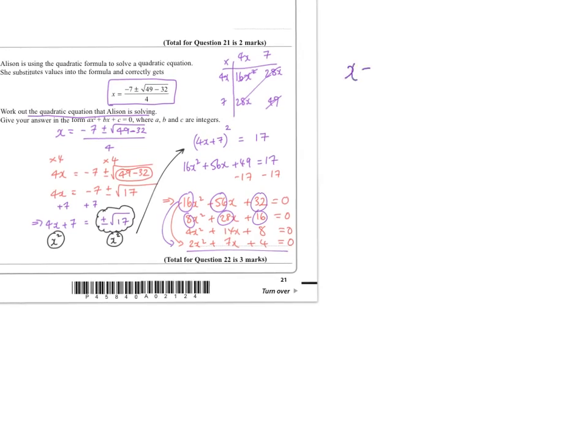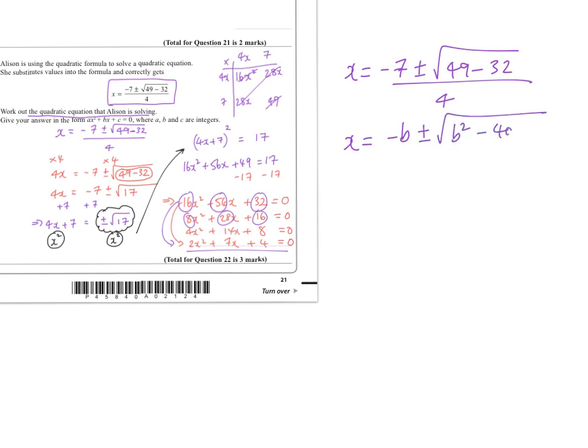So if we have x equals minus 7 plus or minus the square root of 49 minus 32 all over 4, I just want to compare that with minus b plus or minus the square root of b squared minus 4ac all over 2a. So we can see here, for example, that the 2a is 4.